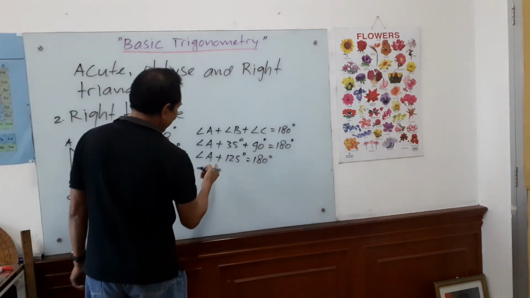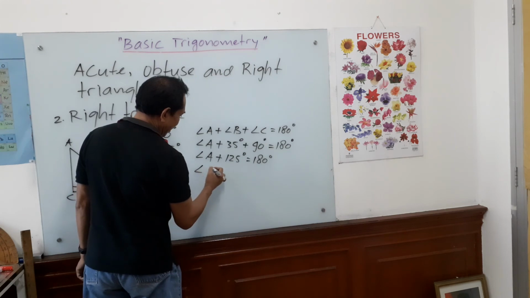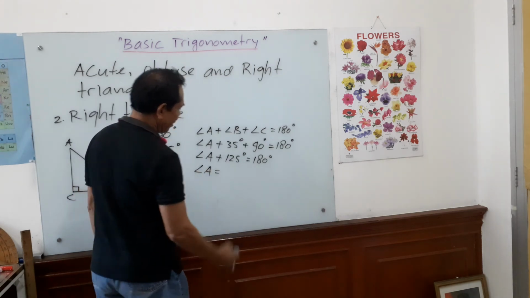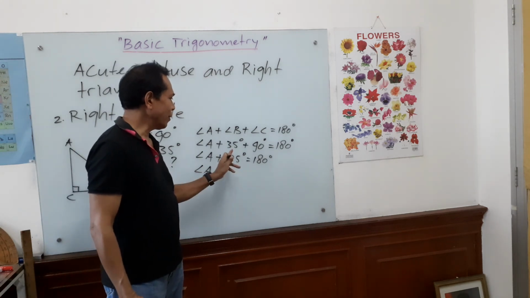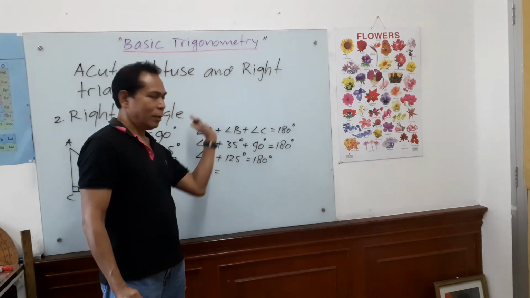Now, we take this out, angle A to be the subject. So angle A equals, and we remove this 125, the sum of this one and this one, to the right side.